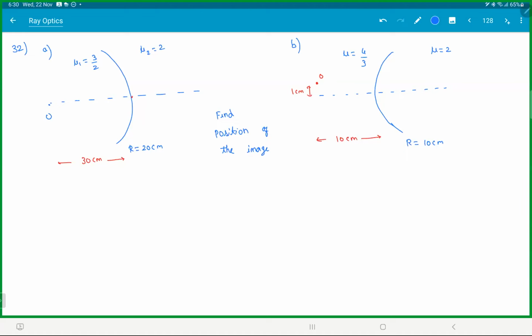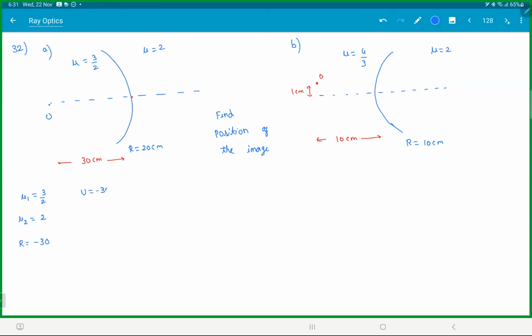So let's see how to do this. The important thing is your sign convention first of all. What is mu1 here? I should not have written mu1 and mu2 here, simply write mu and mu. So mu1 is 3 by 2, mu2 is 2. Radius of curvature is minus 30 because the right side is positive and the center is on the left hand side.